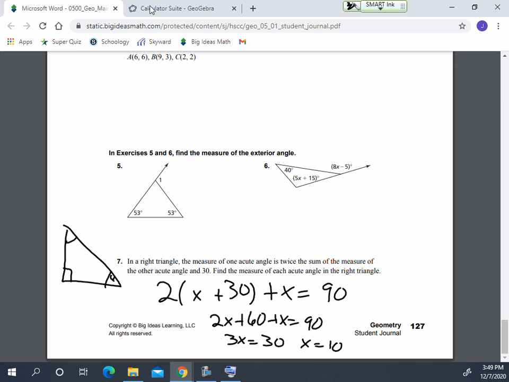Okay? So if we plug this back in here, we get 40 times 2, which is 80. Which makes sense, because it has to equal 90 degrees. Okay? So that is it for 5.1.